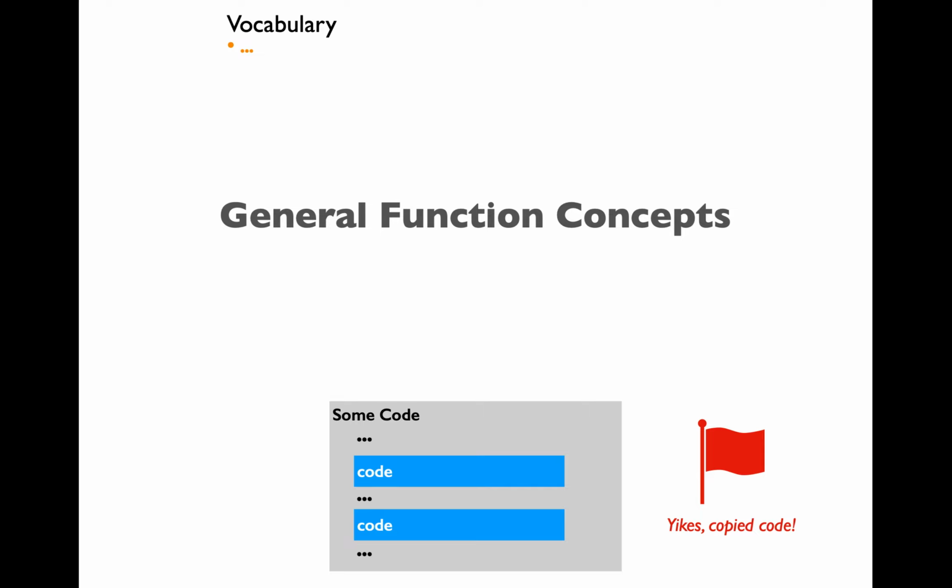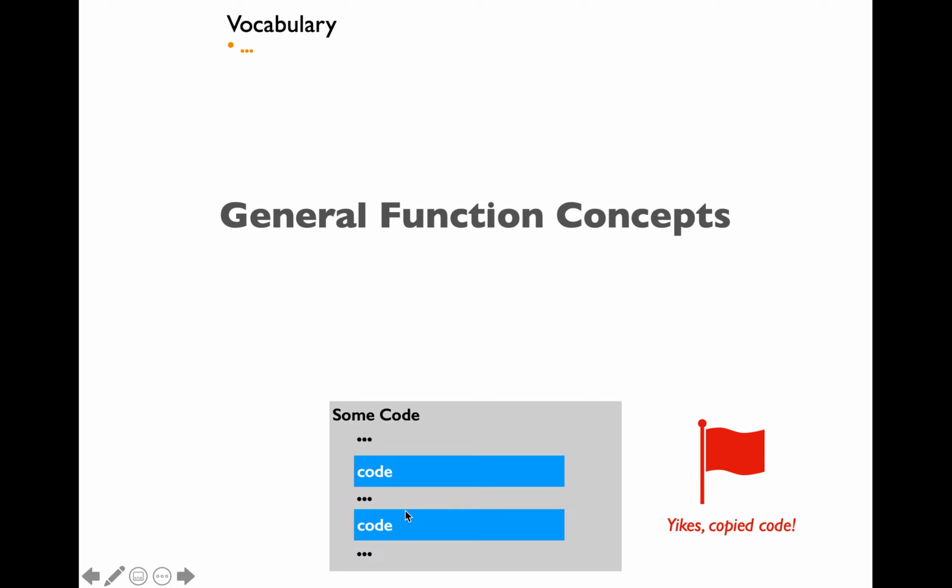Let me get started by introducing you to a lot of terminology about functions. Pay close attention to this image at the bottom of the slide here. Notice that we have two blue blocks of code which are copy pasted code.